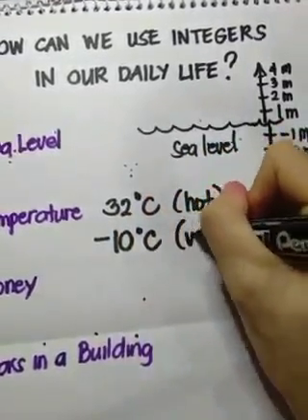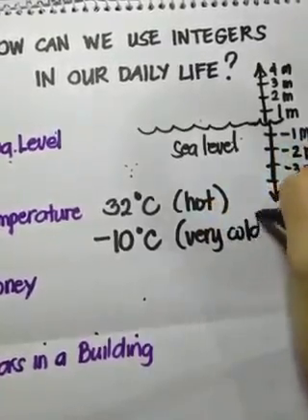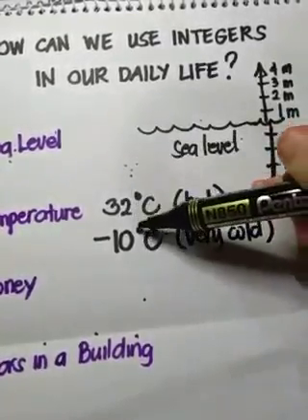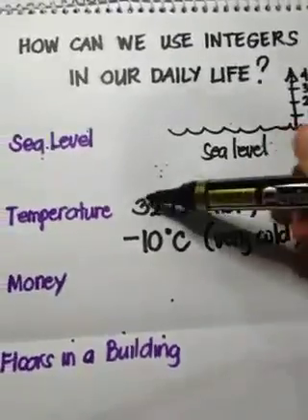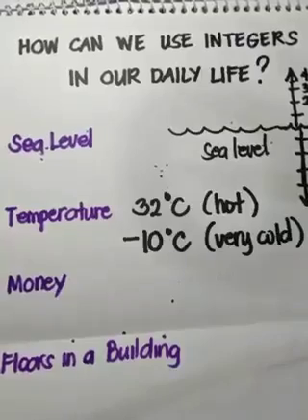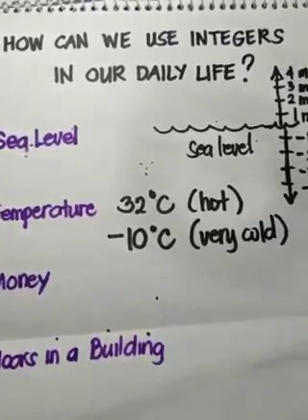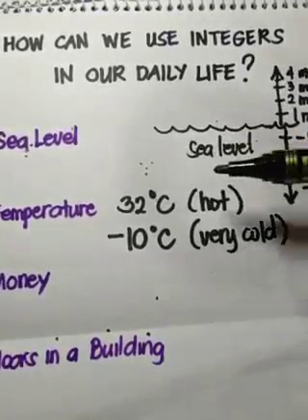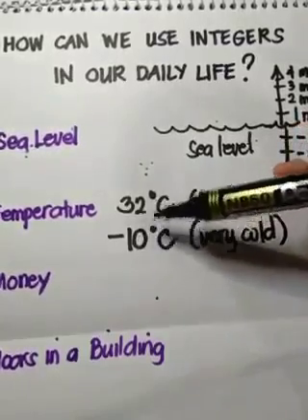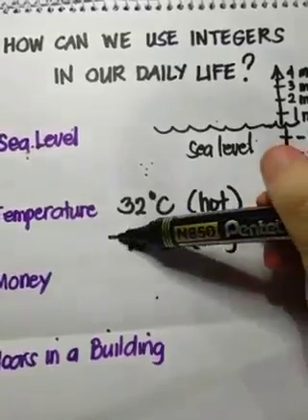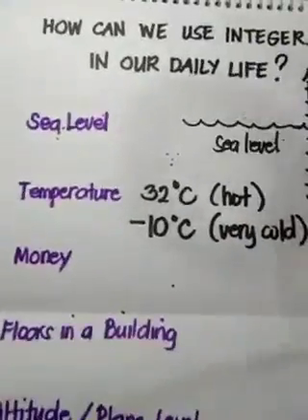So meaning to say it's very cold. If the temperature is above zero, it is a positive number. It is represented by a positive integer. If the temperature is below zero, if it's very cold or freezing point, so below freezing point, it is represented by a negative integer.